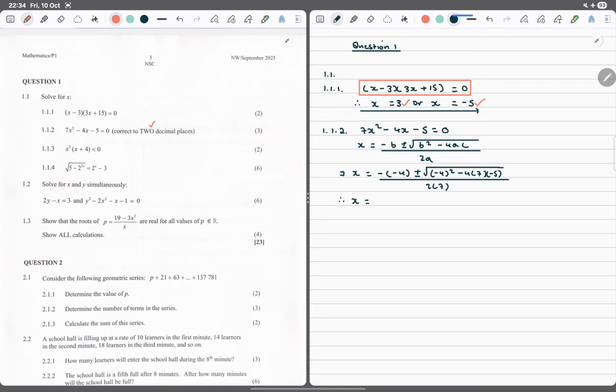Honestly speaking guys, at this stage I don't find any interest in simplifying because it is of no consequence whatsoever.